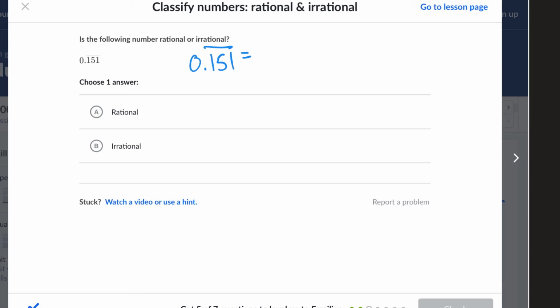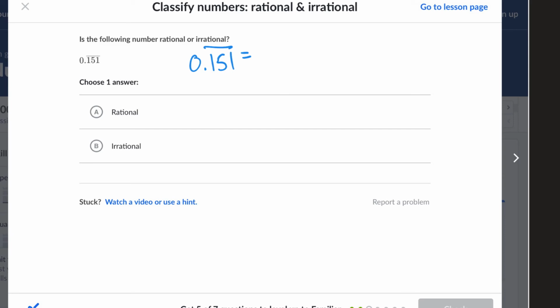If I have 0.45, so 2 numbers are under the bar, that would be 45 over 99. And the fact that I have 3 numbers under the bar here, that's going to be over 999. And the fact that I have a fraction here that is a fraction of integers, that is a rational number. So this must be a rational number. Done.